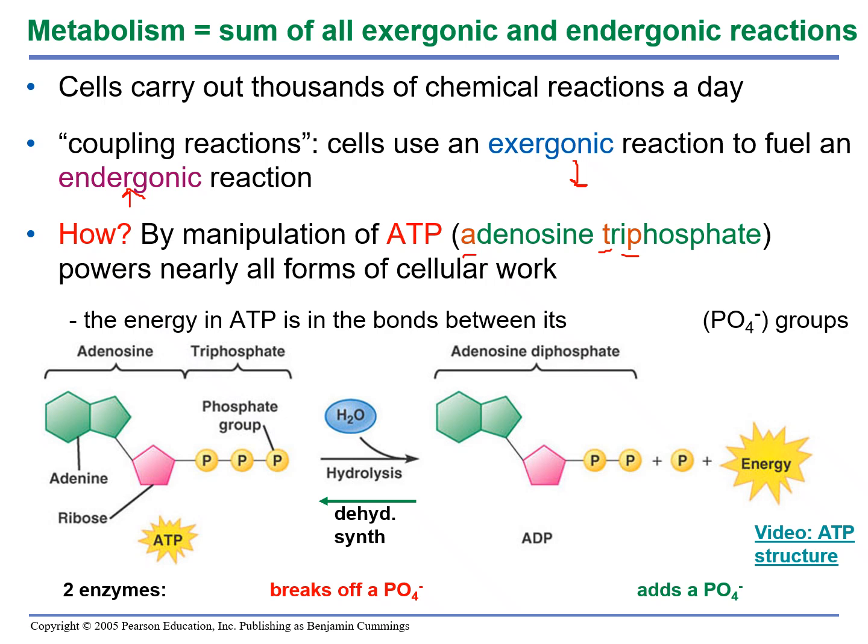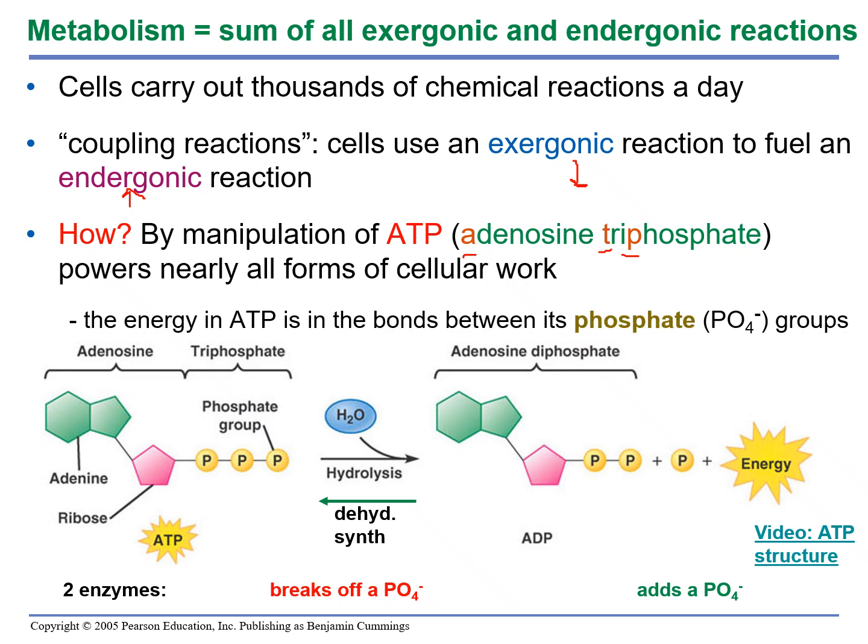By manipulating ATP, it powers nearly all forms of cellular work. The energy in ATP is in the bonds between its phosphate groups. That's very important to remember.